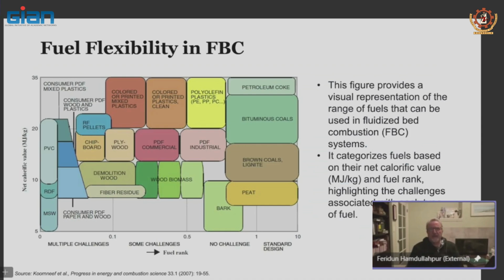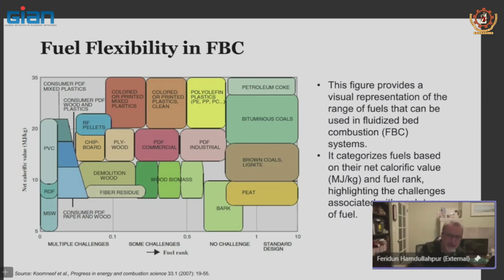This is a very useful chart that will give us a good understanding of what kind of fuel we should use to give us the amount of calorific value. At the end of the day, one of your key objectives is, per unit mass of fuel, how much heat you will extract from this reactor to be converted into high pressure, high temperature steam.